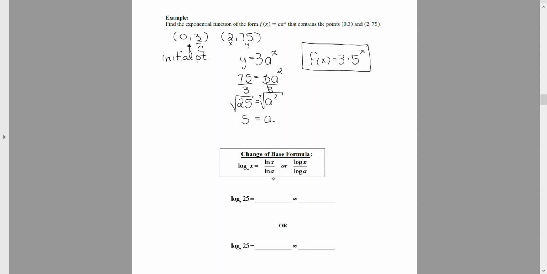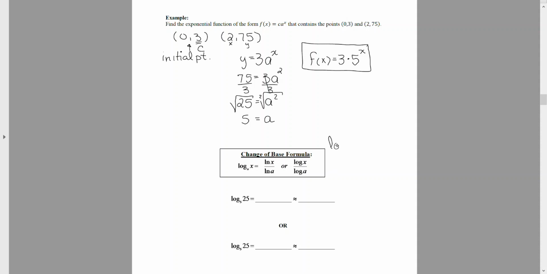For the problems down below, we're going to use something called a change of base formula. That allows us to compute a logarithm that's not base 10 or base e, the natural log function, because those we can use on our calculator. If it's another base, we may not be able to use our calculator so easily. So for example, log base 5 of 25.